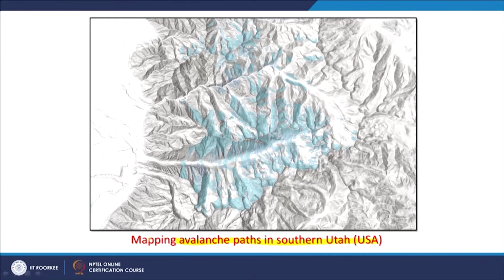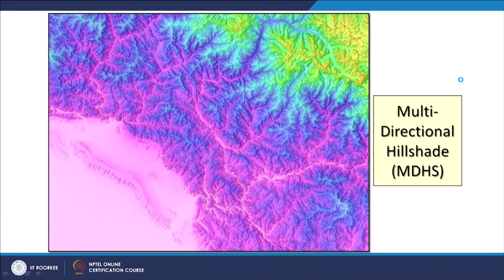If somebody is working on glaciers, avalanches, again if they are put in the background, you are having a multidirectional hillshade put over glaciers or avalanche sites or a snow covered area, immediately things become very, very clear. This is the multidirectional hillshade which I have created using this MDH or earlier method.